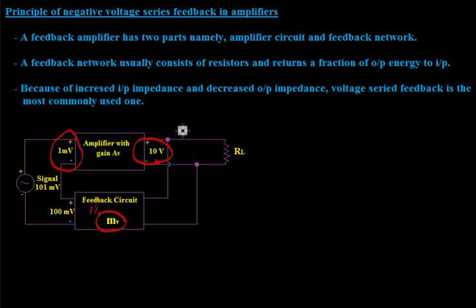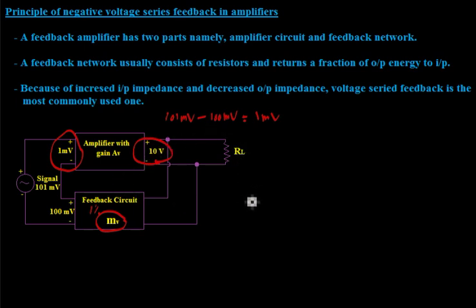That is, the signal voltage is actually 101 millivolt and we are providing a 100 millivolt negative feedback, so the actual input voltage which appears on the input of the amplifier is 1 millivolt.